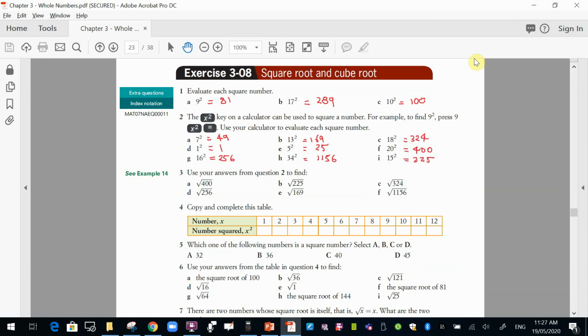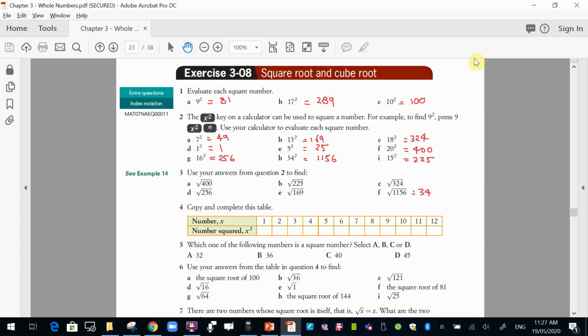Next one, question 3. Use your answers from question 2 to find these. I'm going to do one just to show you. Let's see if we can find 1156 in question 2. And there it is. So the square root of 1156 is 34.